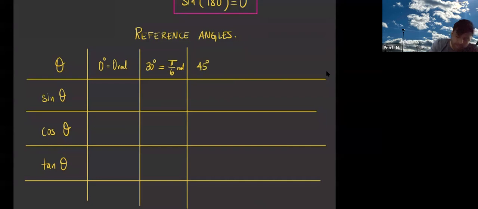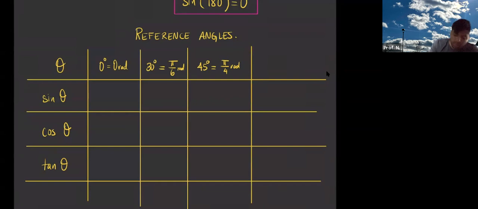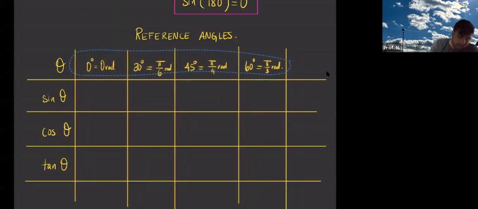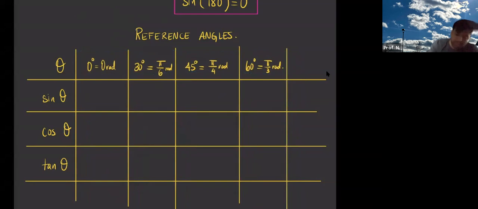But for now, we've only done degrees to simplify things. Pi over 4 radians. We also have 60 degrees, which is pi over 3 radians. And then we have 90 degrees, which is pi over 2 radians.